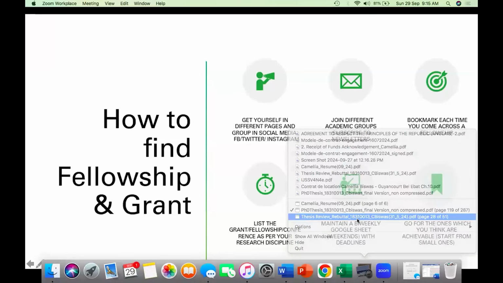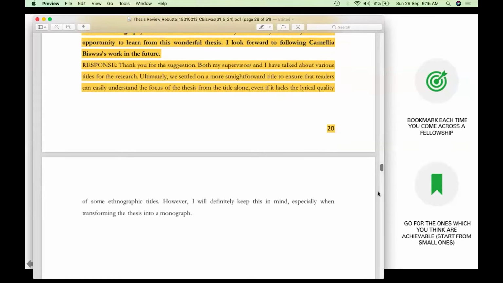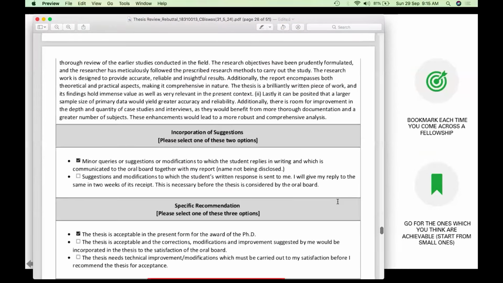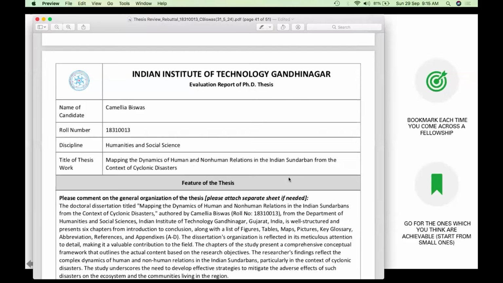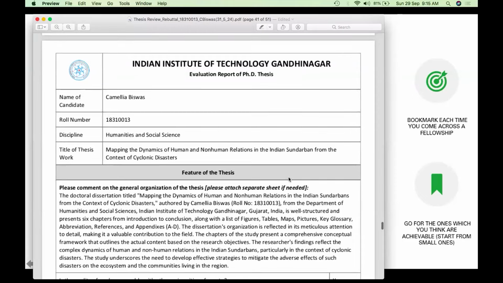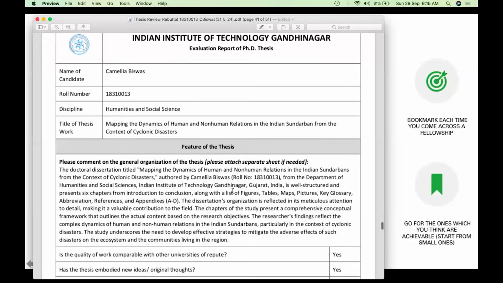Yeah. So this is how my thesis rebuttal looks. This is how an IIT Gandhinagar evaluation of thesis report looks. So your name and everything, and this is the title of the thesis. Please comment on the general organization of the thesis and all.